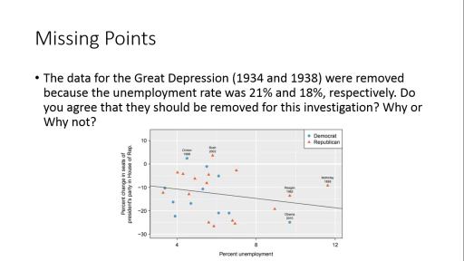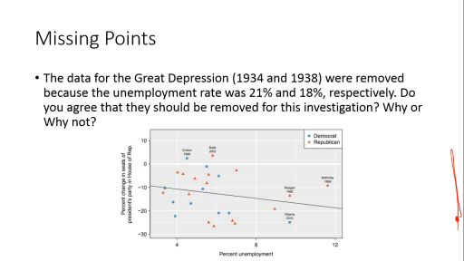The reason they were removed is that if we look at the percent of unemployment, we end up at a maximum of about 11. And 18 and 21 would put us way over on one side of the graph, separated from basically the cloud. Remember we were talking about points that are highly influential. Those 2 points could be highly influential, but because they're so far away from the rest of the cloud, they could throw off the rest of it.